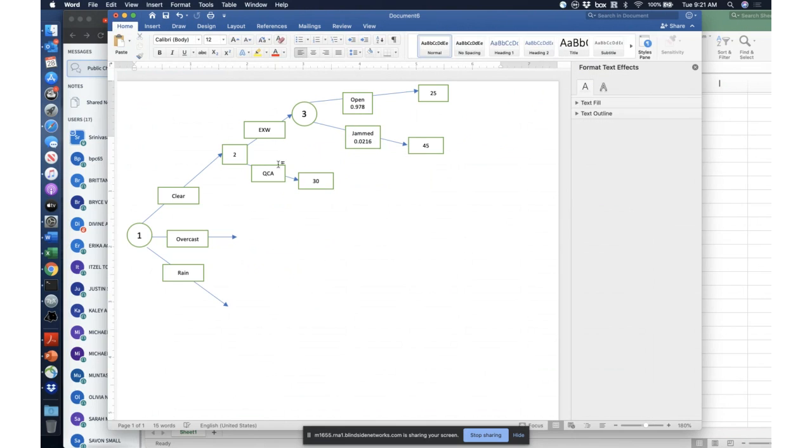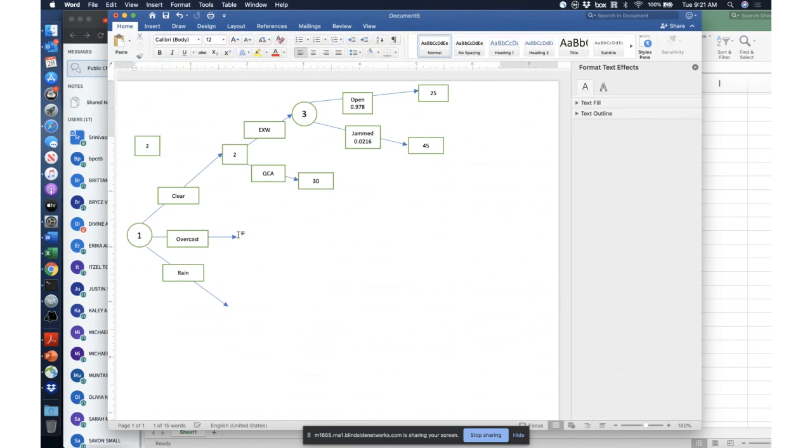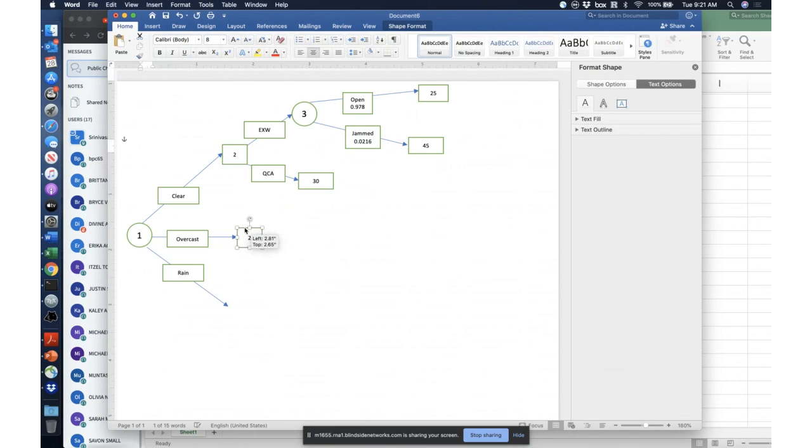Now, there are no probabilities to worry about here, but this decision tree will be replicated here and will be replicated here. The only difference being these probabilities, right? So again, because whether it's overcast or clear or whatever, you still have to make a decision on how to get to the office.